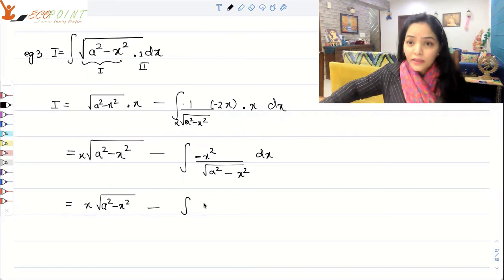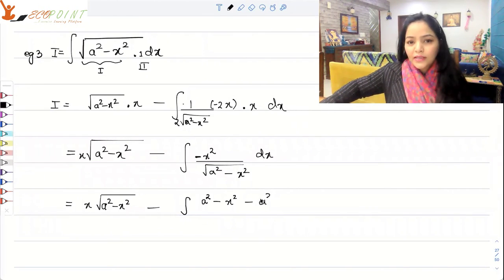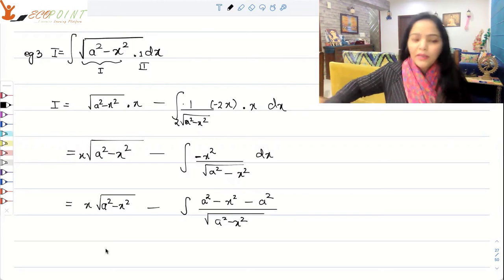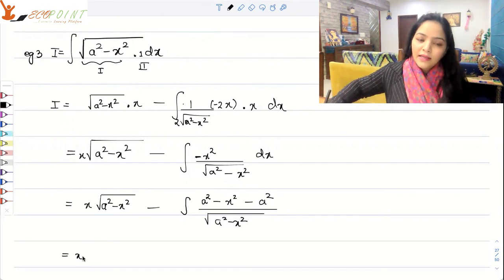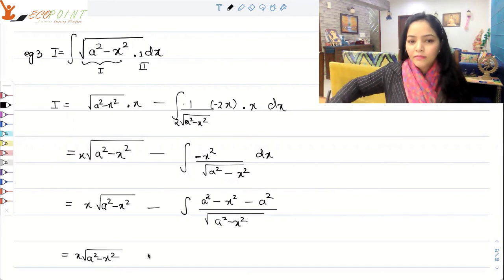Now, what is the manipulation we will use? We will add and subtract a square, over square root of a square minus x square. So this will give us x square root of a square minus x square minus, let's break the integral. So you will have integral square root of a square minus x square dx. Don't forget to write dx here.